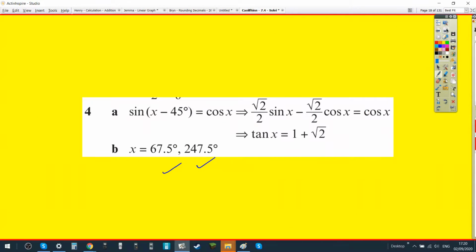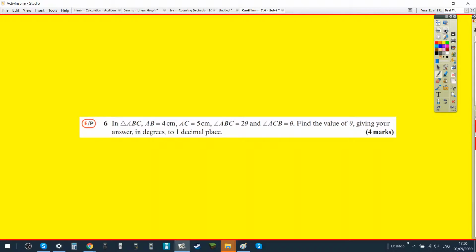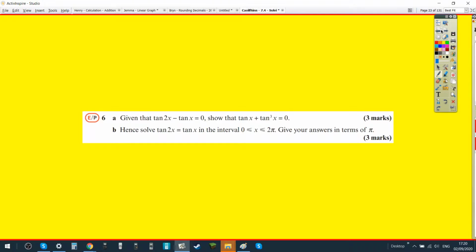No. Destroyed it. So, a bit more complicated, but it's the same idea. Just sub it into your formula. Then, hence, solve. Find the value of theta. Now, give me a diagram or I'm not doing it. Show the tan. I think it's just going to be the same idea, really.